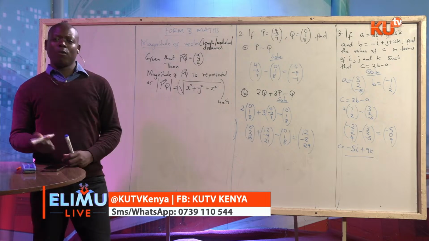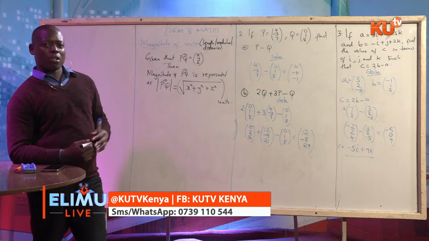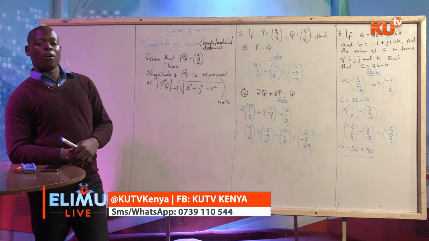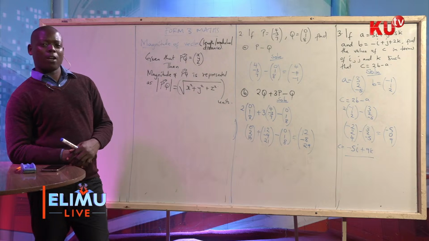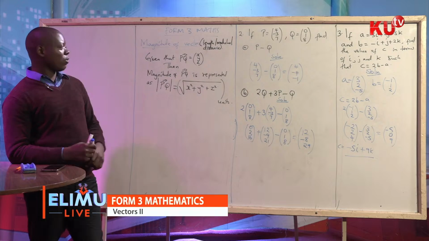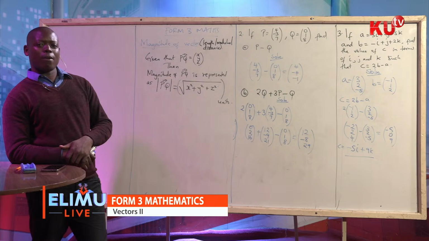There's something we've introduced here which is not new to you students, because we covered it under vectors 1. And we said that there is what we call the column vectors. So what's a column vector, students? Like in this case, we are talking about PQ, and we are saying this is a column vector. It's simply a joint representation of a vector as a single vector.